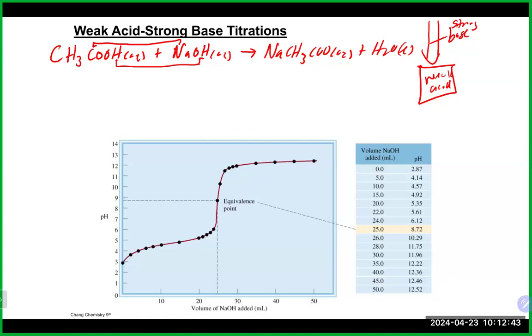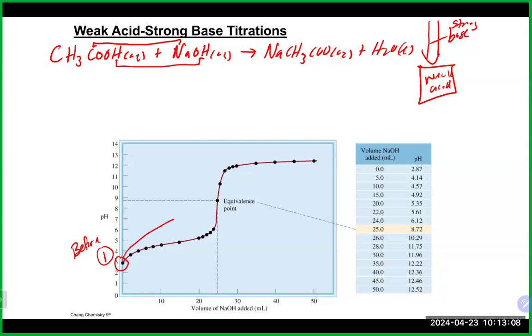All right, so we do see this titration curve, and it is similar looking in terms of that S shape, as we saw with the strong acid, strong base. And just like the previous titration curve, we really do focus in on those same four spots. So our first spot would be before we begin the titration.